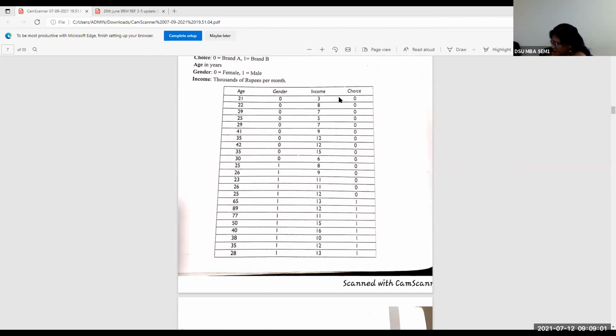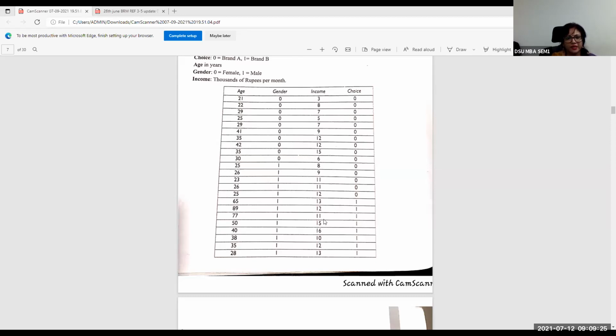Right? Are you able to see this data set? The age is in actual number of years. Gender is categorized with a dummy variable, 0 being female, 1 being male. Income is again in thousands of rupees, which is a metric variable, a continuous variable, right? Ratio scale variable. And choice of the brand, choice of which brand?